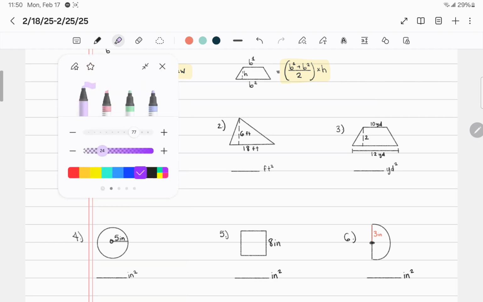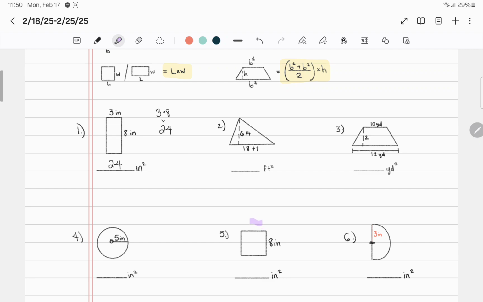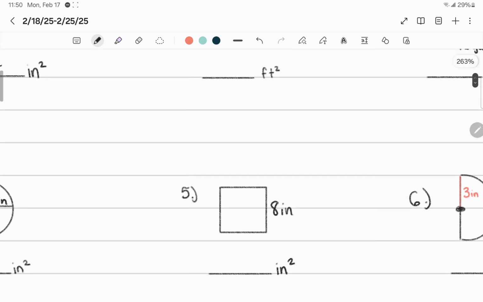I'm actually gonna jump down to number 5 just because it's a square and it's the same formula. But for the square, remember that a square has the same length on both sides. So if I give you just one side, automatically it's a square. And what that means is whatever I give you here, you would put it over there and multiply it. So for your square, just remember you're doing the same number times itself.